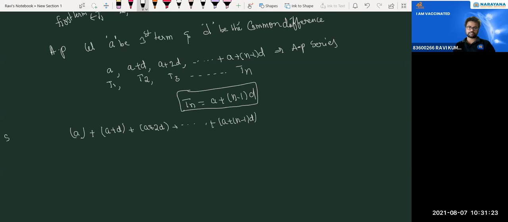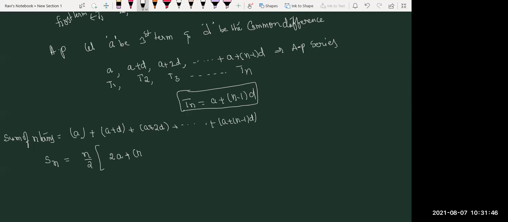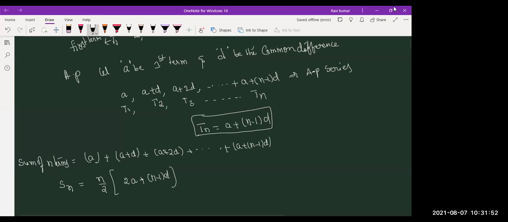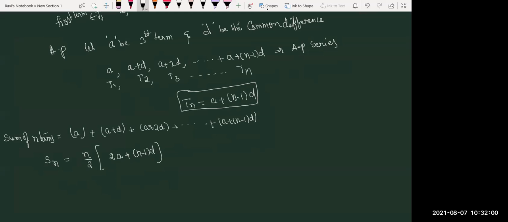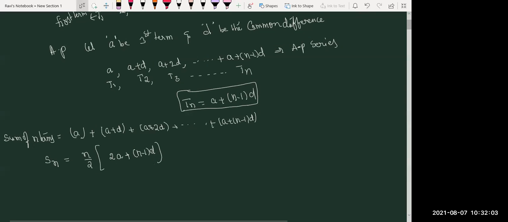We call this the sum of n terms of AP, and we denote it with Sn. The formula is n by 2 into (2a plus (n minus 1) into d). A student asks which sum I'm doing. I'm not teaching sums, I'm teaching the theory first, the sum of n terms of an AP series.